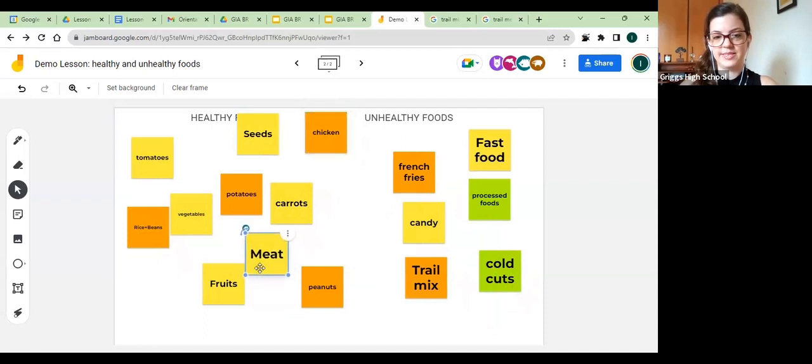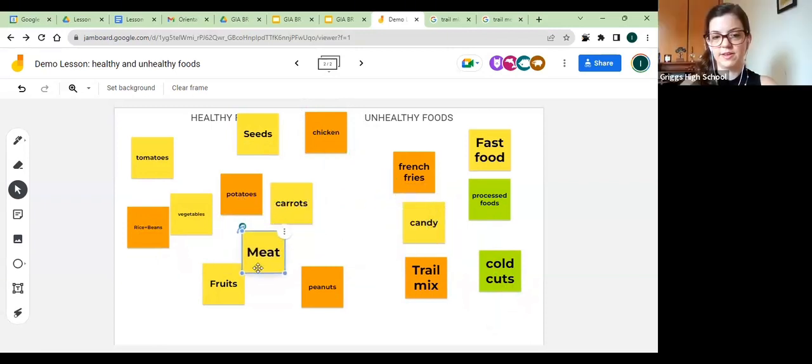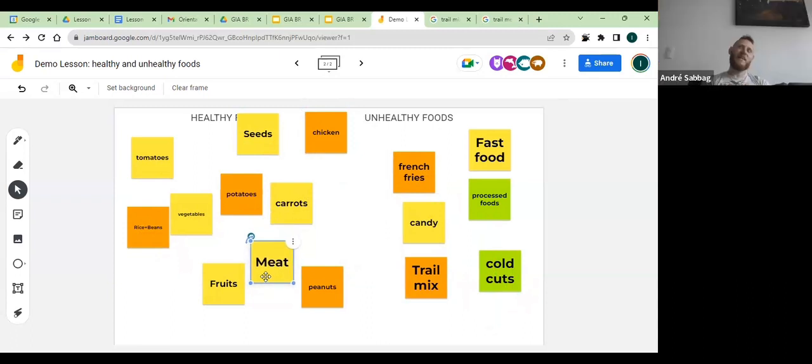What about meat? Same as chicken? Does everybody agree that it's healthy? I was thinking about that. I was going to put meat as well, but then I started specifying because we can have hamburgers and they're not necessarily healthy.